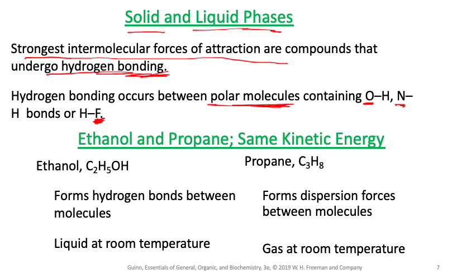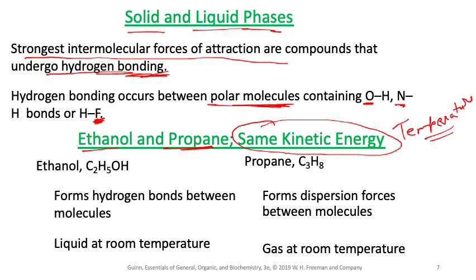So let's take an example of ethanol and propane. Let's assume they have the same kinetic energy, meaning both molecules are at the same temperature. If I provide the same temperature, that means I'm providing the same kinetic energy for both molecules, right? And let's see what the states or phases of these two molecules are at the same temperature. Ethanol has an OH, the hydrogen attached to the oxygen, so it can make a hydrogen bond.